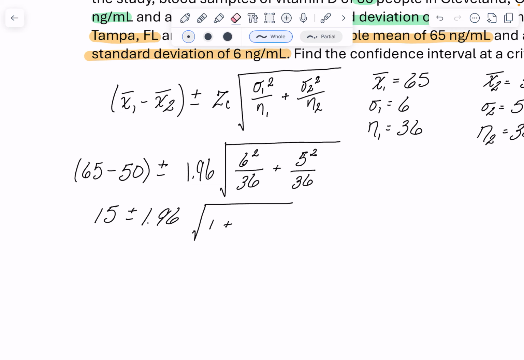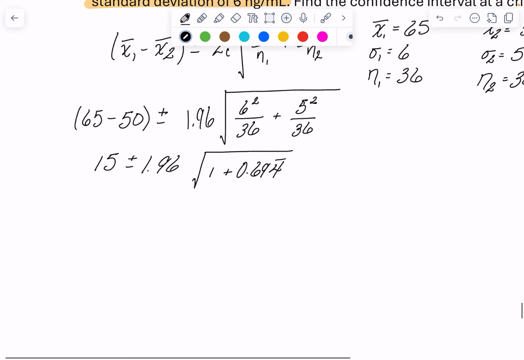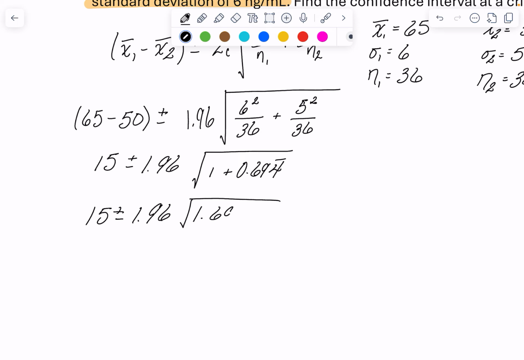That's equal to 0.694 repeating. Adding those two values together, we get 15 plus or minus 1.96 times the square root of 1.694 repeating.